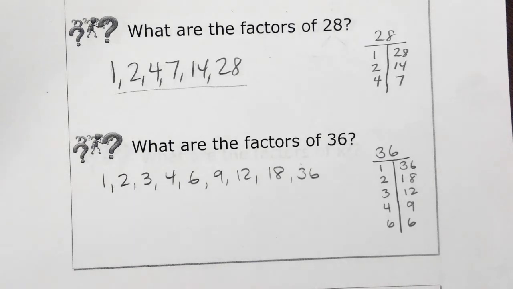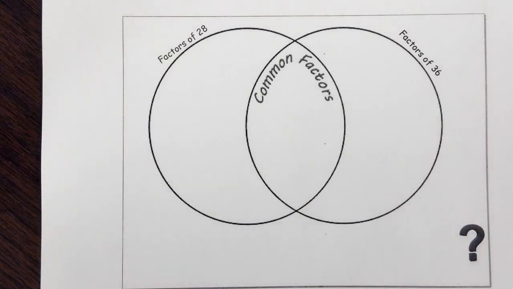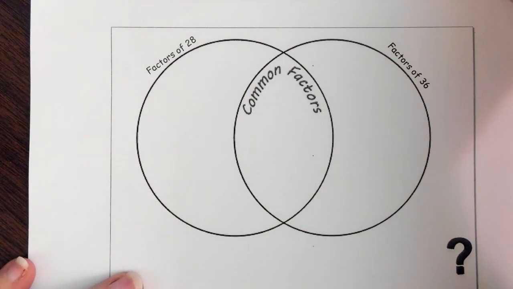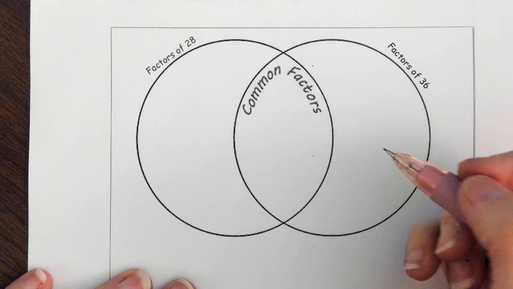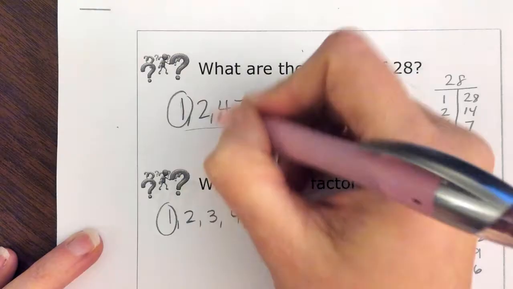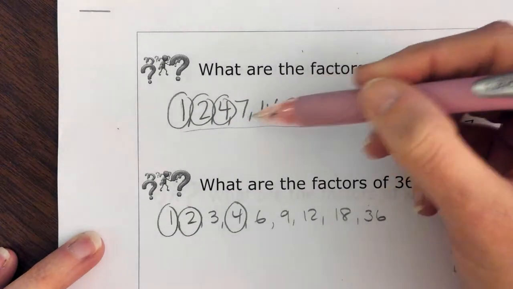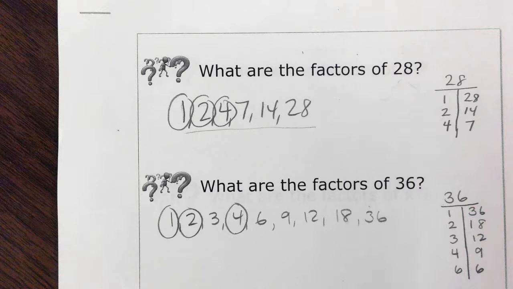Okay, so if I take those factors of 36 and put them in a common factor table, you already have your list of factors that you wrote up here. If we circle what they have in common, they both have a 1, they both have a 2, they both have a 4, and I don't see anything else they have in common.